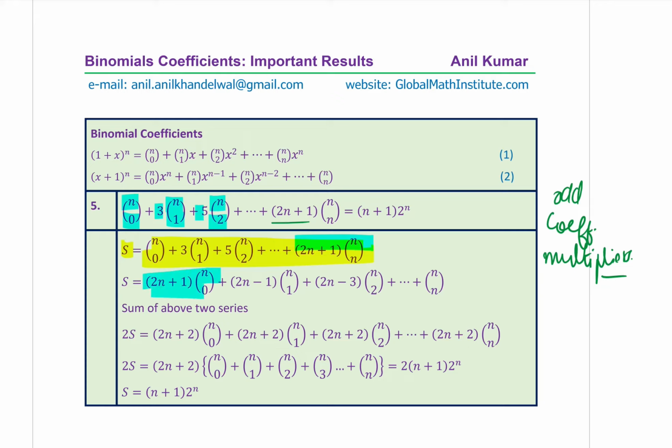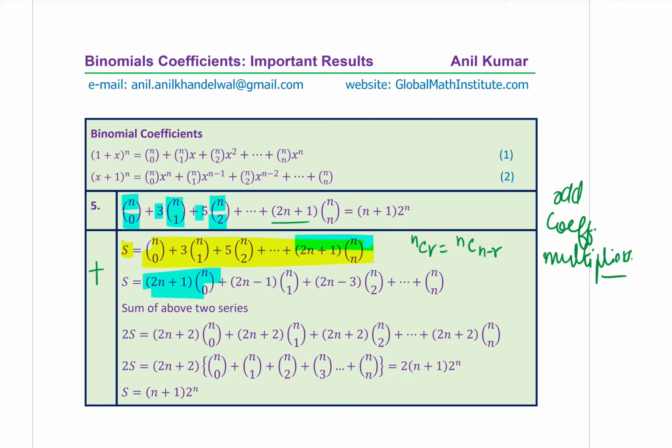And use nCr equals nC(n minus r), correct? And flip the series. Once you do that, then you add these two series, right? So the same process we are adopting for all these questions. So I hope now the process is clear. So if you have a similar question to prove, you can easily do that.